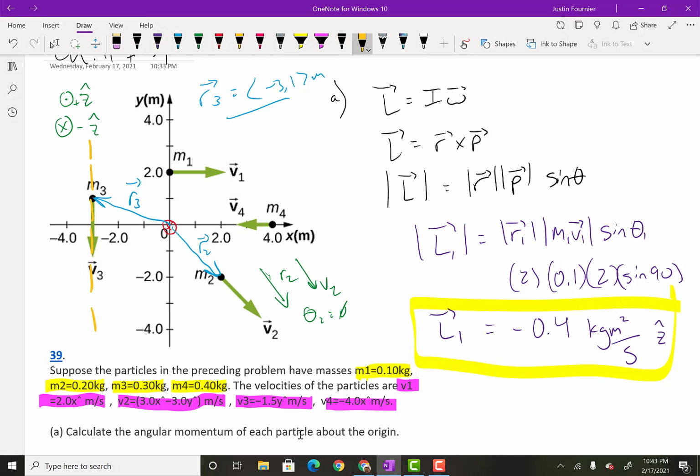So that basically means that if I could find the angular momentum of M3 at any point on this line of action of where this mass moves, then I could find the angular momentum anywhere. So I know that V3 is going to be constant. That's not going to change. There's no torques. Nobody told me in any part of this problem that there's going to be any torque, so there's no torques acting on the system here.